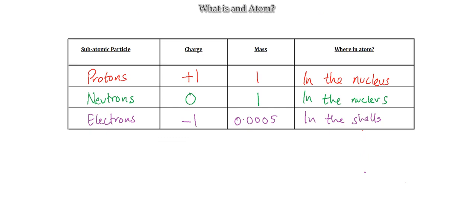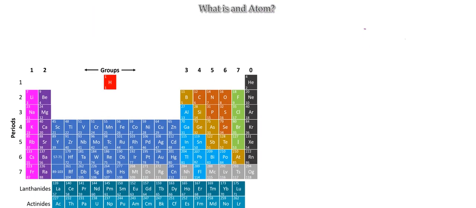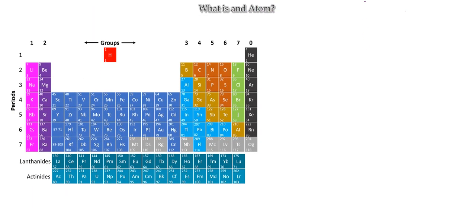Now, if we have any atom, the two things that we actually need to know that describe an atom are, number one, the atomic number, and the second thing that we need is the mass number.